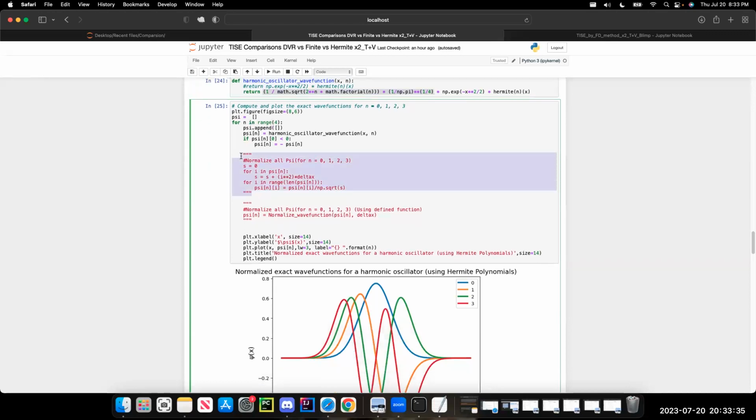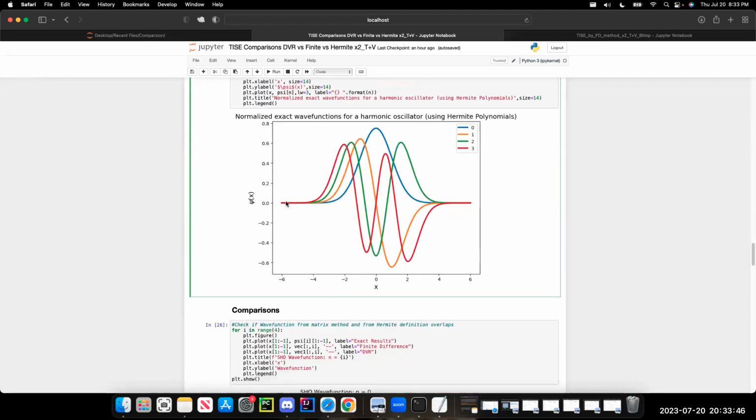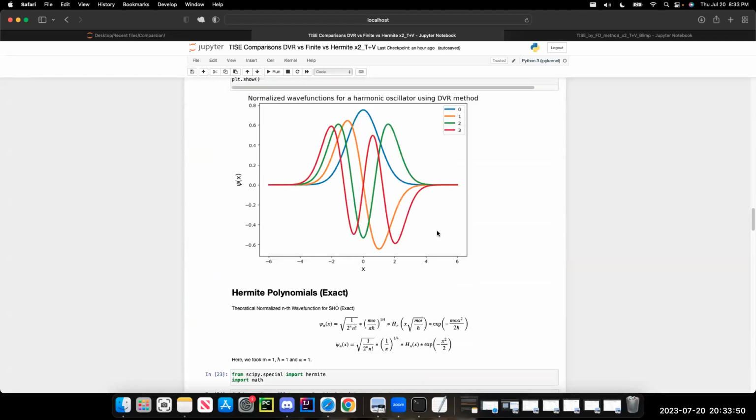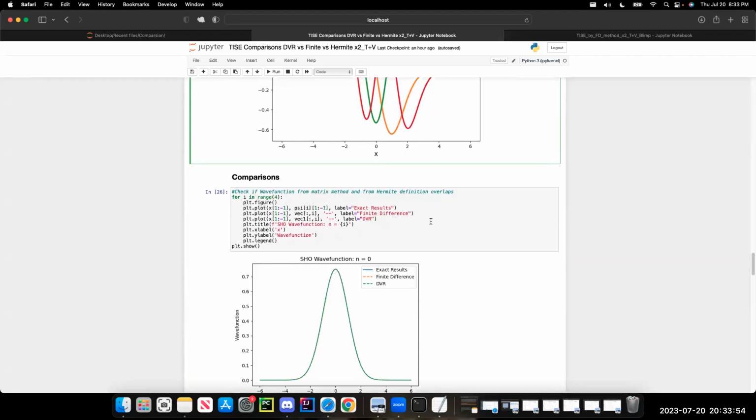So we don't actually have to take the result of the harmonic oscillator wave function and pass it through the normalization logic, because we do have that normalization constant. And of course, the exact solution gives us graphical results that are more or less aligned with what we have across both the finite and DVR approach.